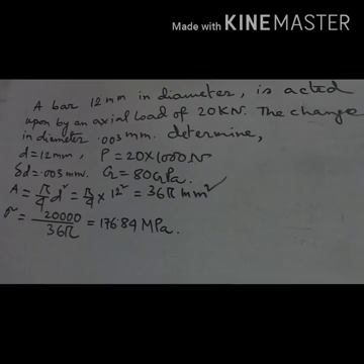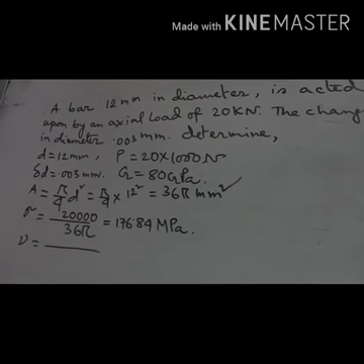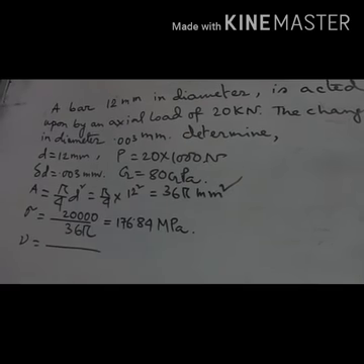Okay, 176.84 MPa. So when you determine the Poisson ratio, nu is equal to lateral strain by longitudinal strain.